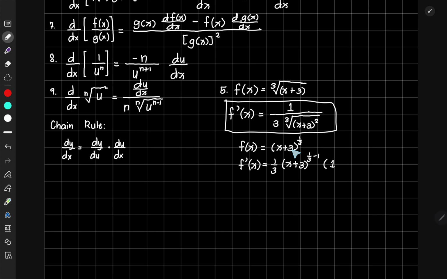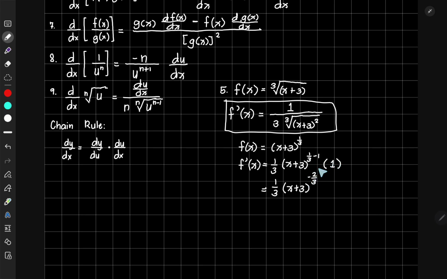And then, the derivative of 3 is 0. So, 1 na lang yan. Then, 1/3 minus 3, that would be equal to negative 2/3. So, this would be equal to 1 over 3 multiplied by x plus 3 raised to negative 2/3. So, multiplied by 1 lang yan.